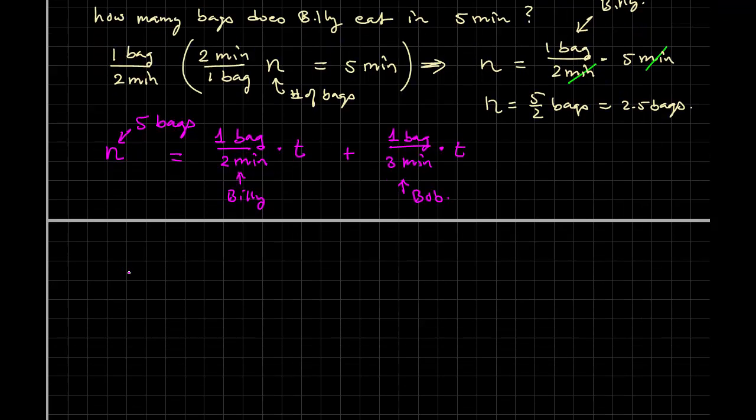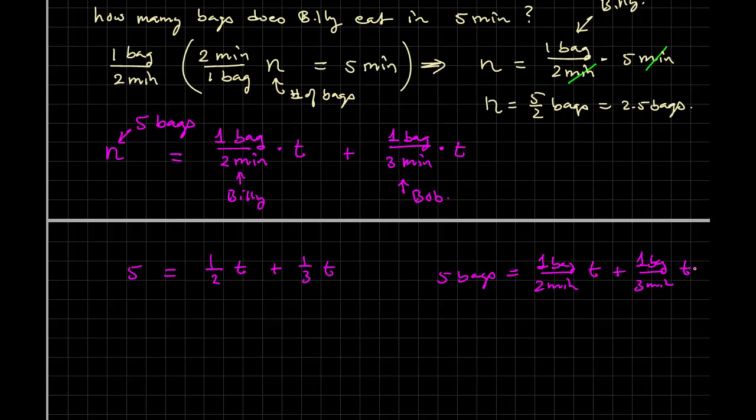So now what we have is 5 equal to 1, and I'll take the units off now, plus 1/2 times t plus 1/3 times t. Now I shouldn't leave the units off because actually the units are very helpful. We have 5 bags equal to 1 bag per 2 minutes times t plus 1 bag per 3 minutes times t, right? And we can rewrite this. I'll do it here without units.